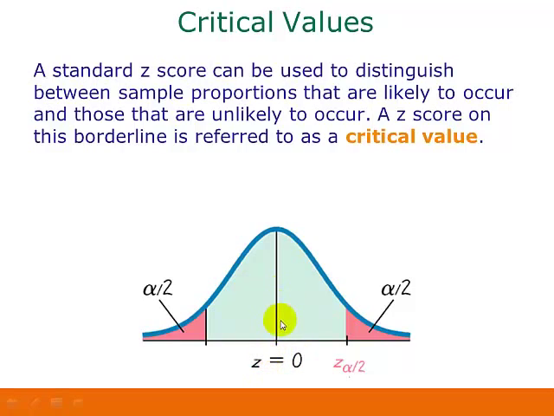So we have a mean of 0 and a standard deviation of 1. So our critical values are going to be the ones that are on a borderline between sample proportions that are likely to occur and sample proportions that aren't likely. So anything in between these two would be the ones that are likely to occur. Anything in those 2 tails is going to be something that's unlikely to occur.